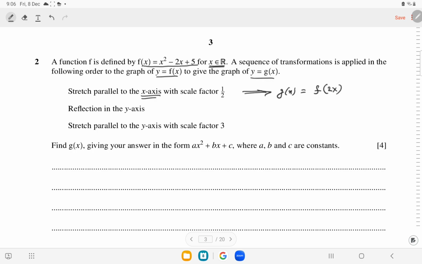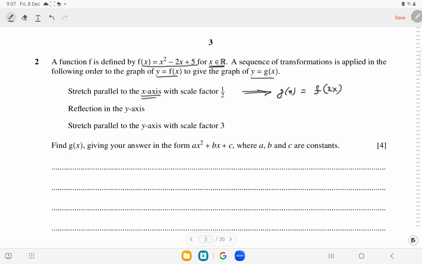That means the function f has been stretched parallel to the x-axis with a scale factor of 1 by 2, because in the rule we defined in the last lesson, when the stretch is along the x-axis, the scale factor will be the reciprocal of that number. If it is 3, it will be 1 by 3. If it is 2, it's 1 by 2.